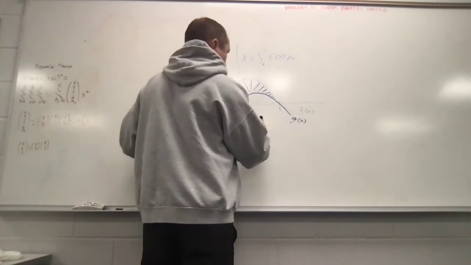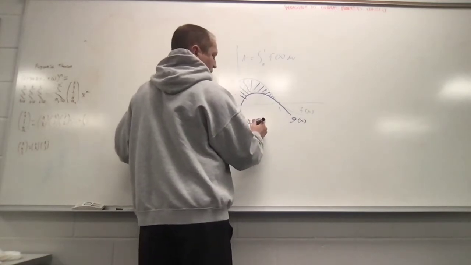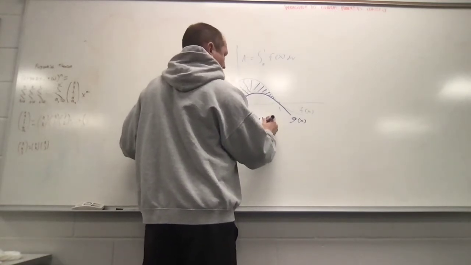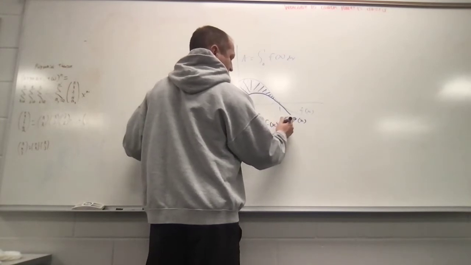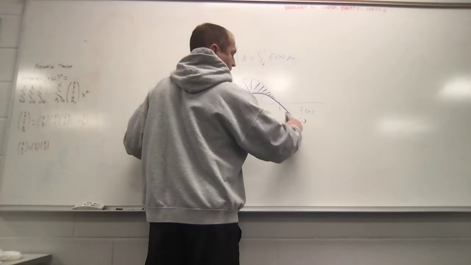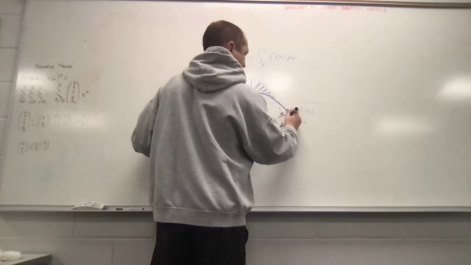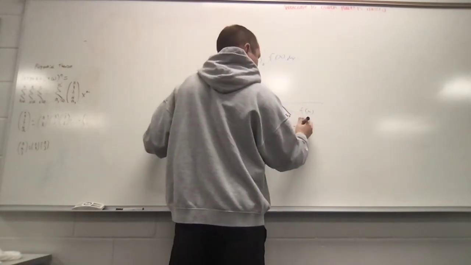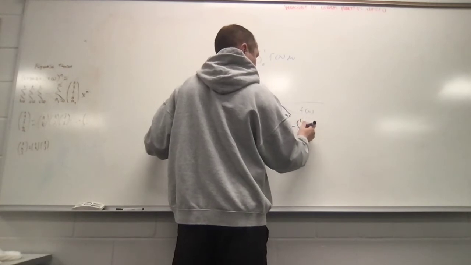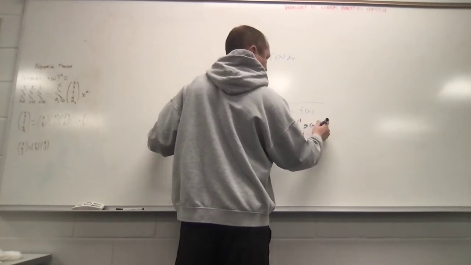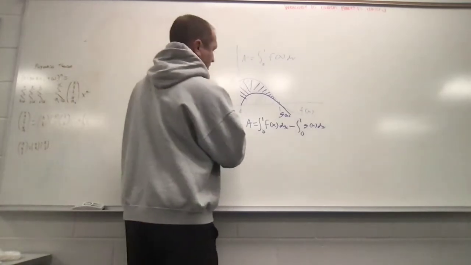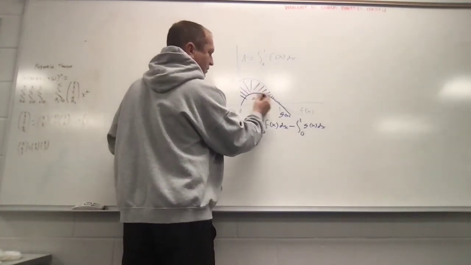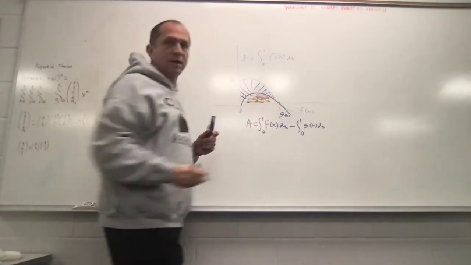So the area for this would be the integral from 0 to 1 of f of x, and we're going to take away from that the integral from 0 to 1 of g of x. And I can show that region as this region right here.